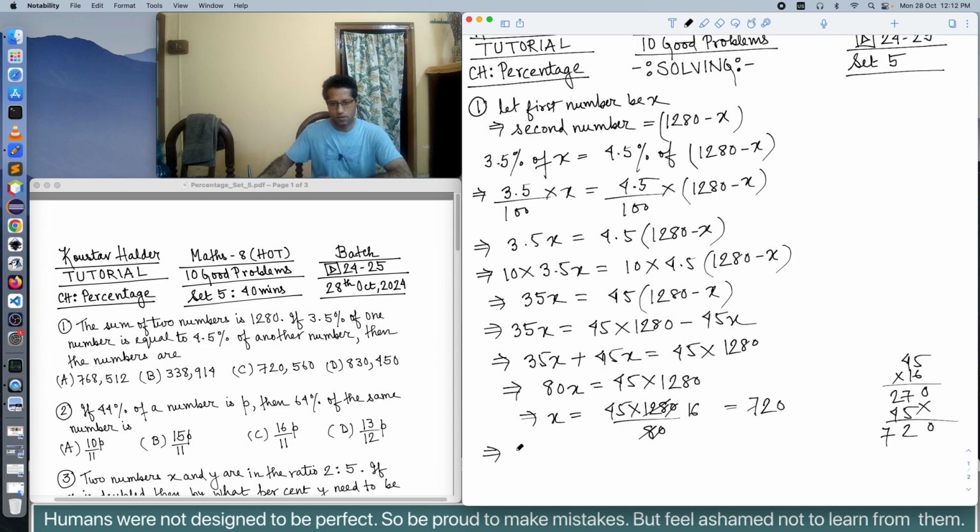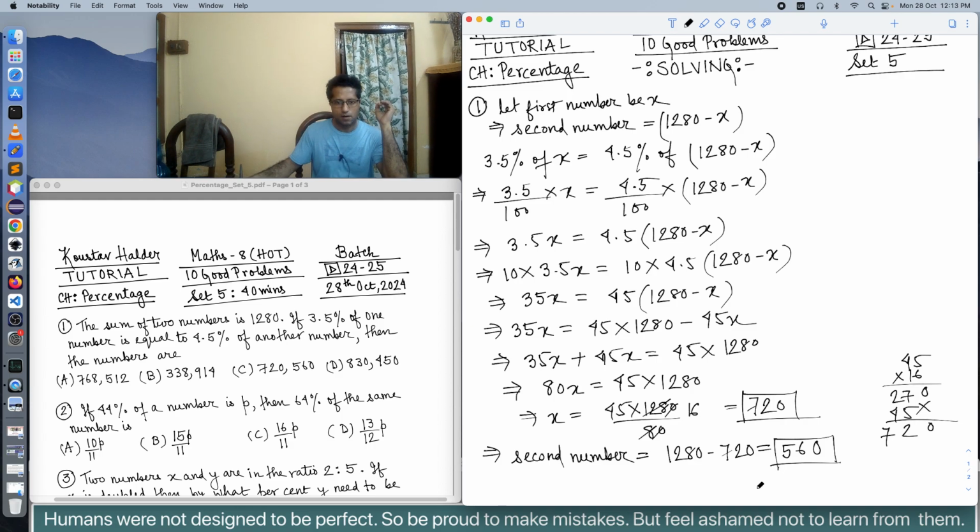The other number will be 1280 minus 720, which is equal to 560. So 720 is the first number and 560 is the second number, and hence the correct choice is C. C is the correct choice.